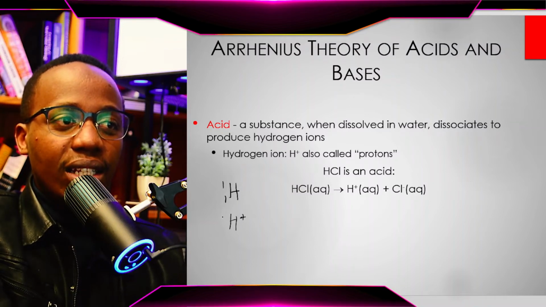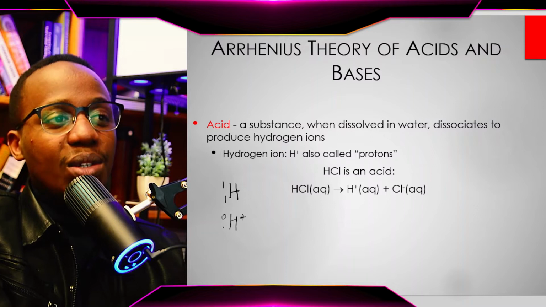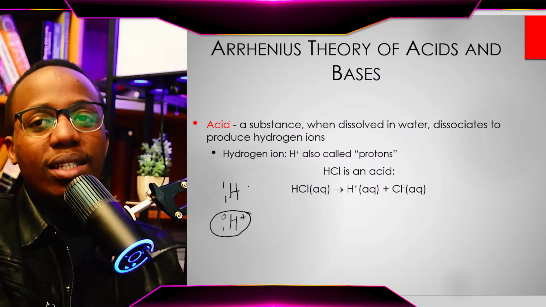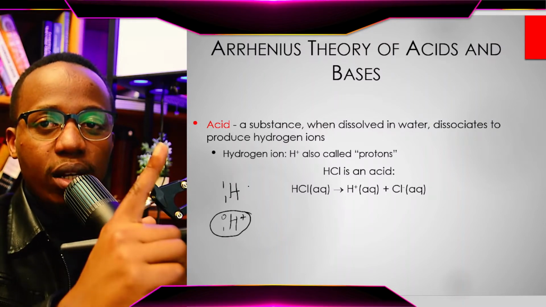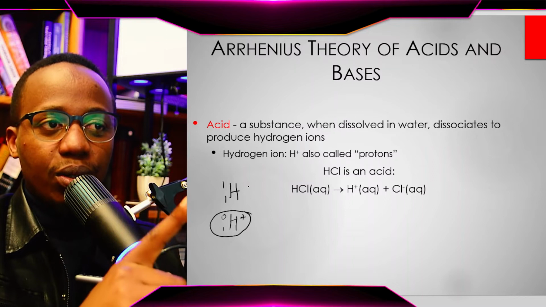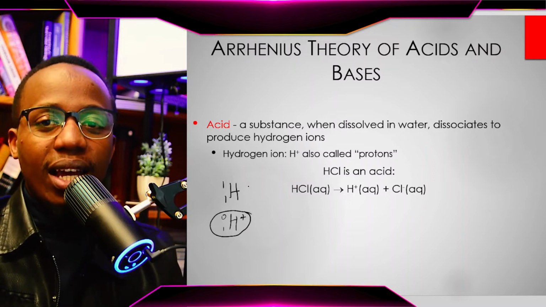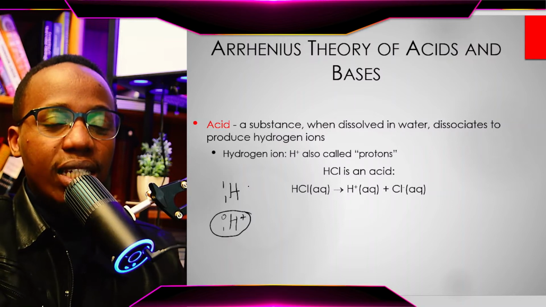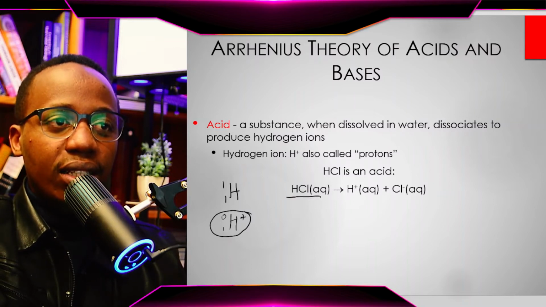It doesn't have any electrons. It only has one proton, right? And what do we call that? It's just one proton. So an H plus ion has one proton and we call it a proton. So an acid is something that can lose a proton when dissolved in water. So HCl is an example of an acid that gives you H plus plus Cl minus.